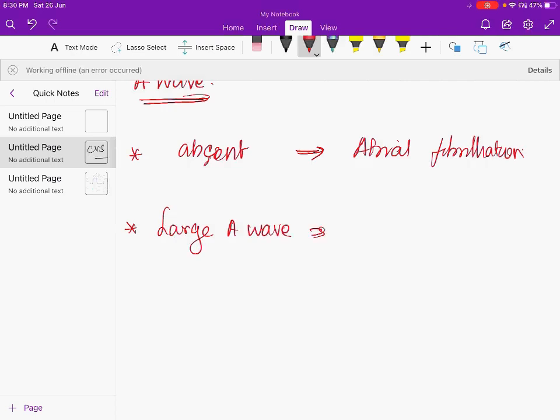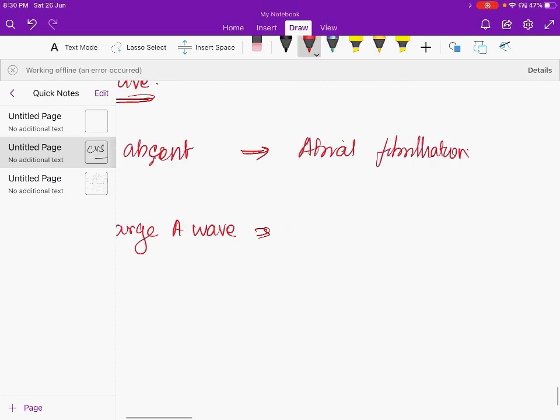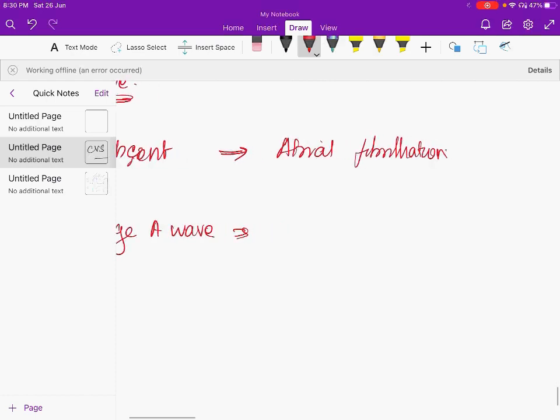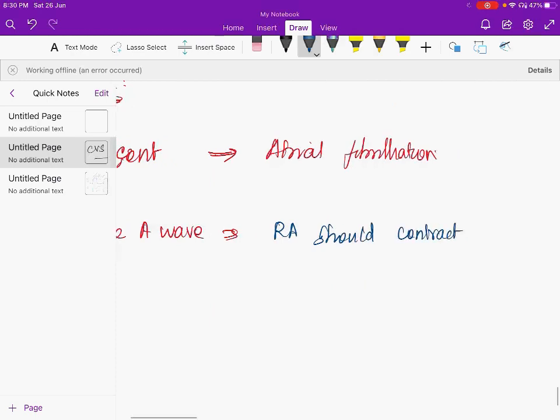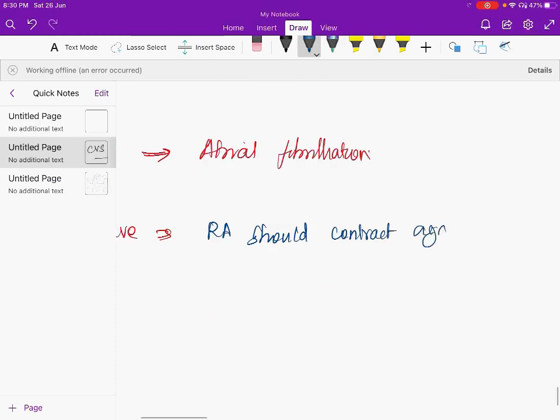Okay. Then large A wave. Name some causes of large A wave. To produce a large A wave, the physiology is simple. Your RA should contract against more resistance.